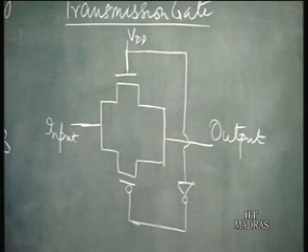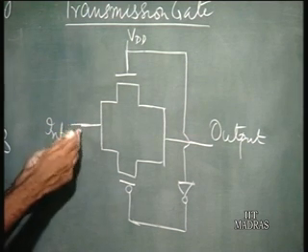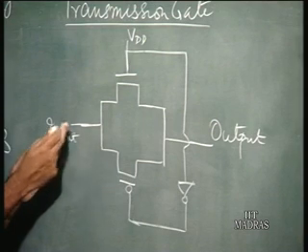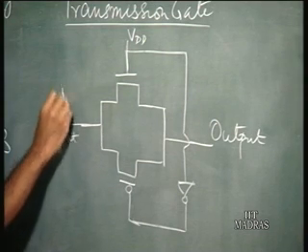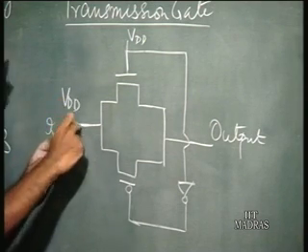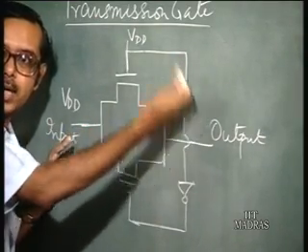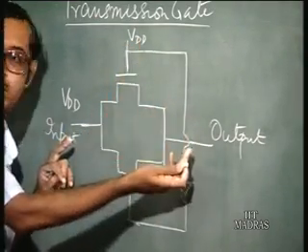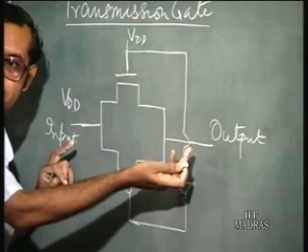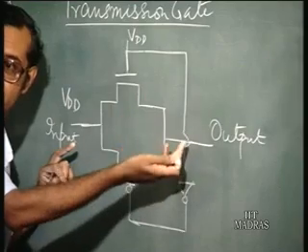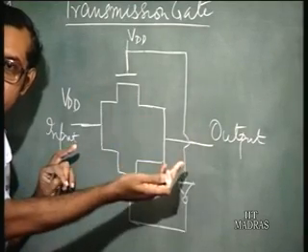So what happens here? Suppose you have an input here high, this is VDD. What was happening was, as this output voltage was charging up, the gate to source voltage of the NMOS was reducing.